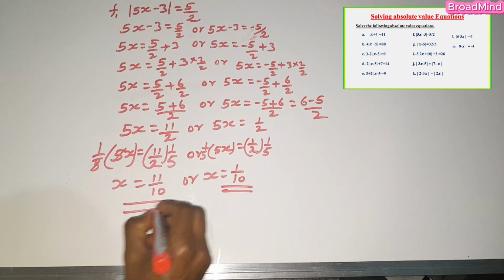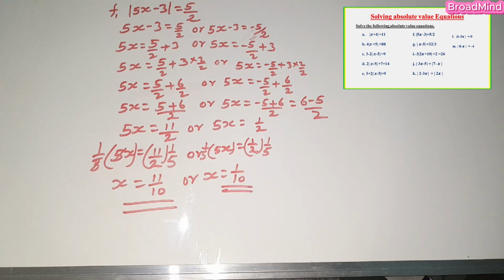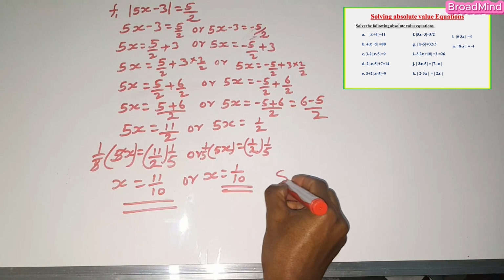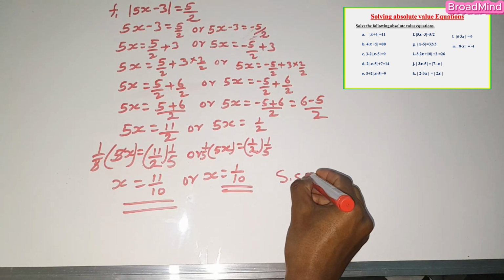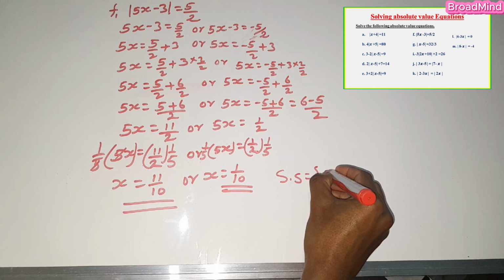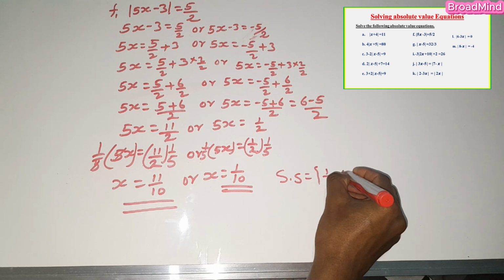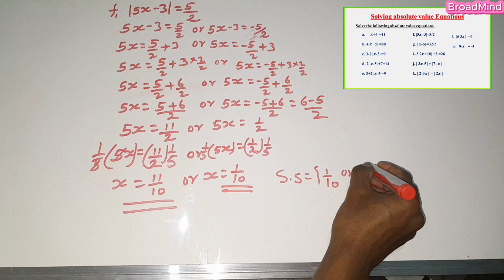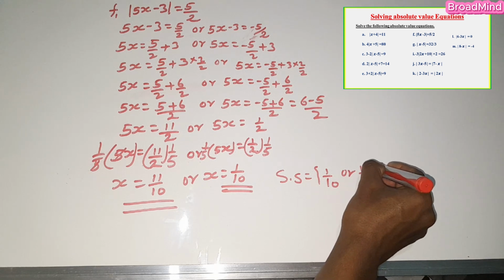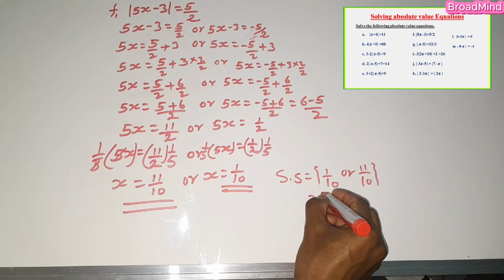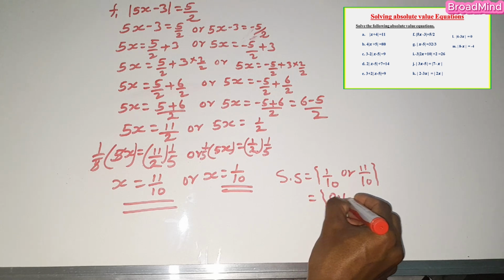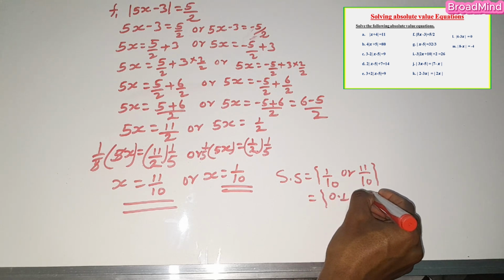So the solution set of this equation is 1 over 10 or 11 over 10, or 0.1 or 1.1.